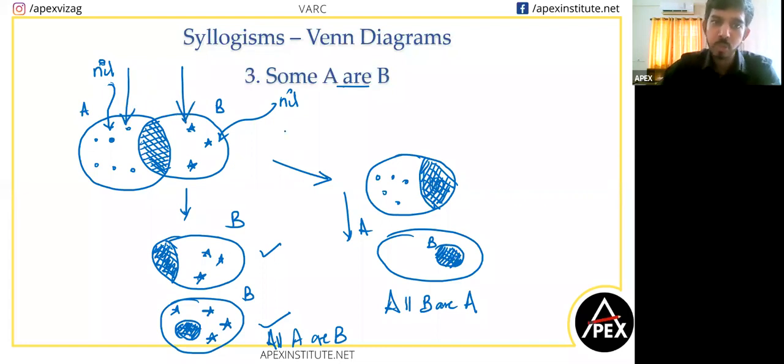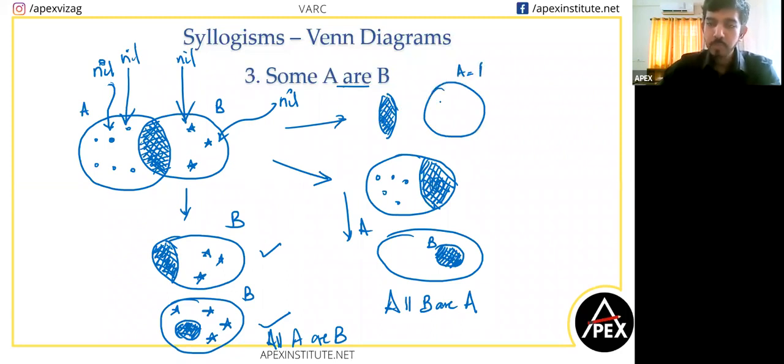What if both of them are 0? Then what happens? If both of them are 0, only this dark blue area is left. Right? Only this is left. And all of these elements are both A and B. So can we say A equal to B? This is what we had on the first diagram on the previous page.